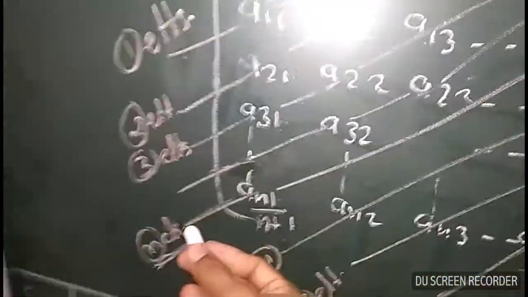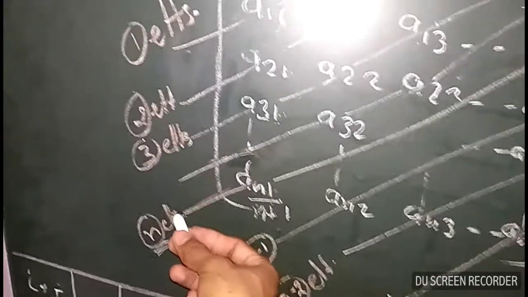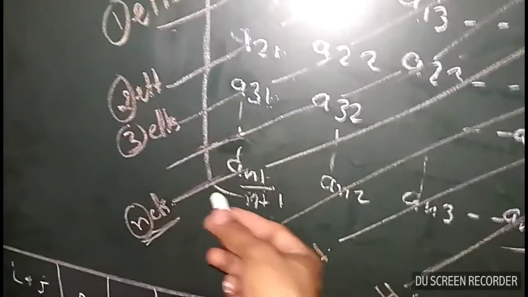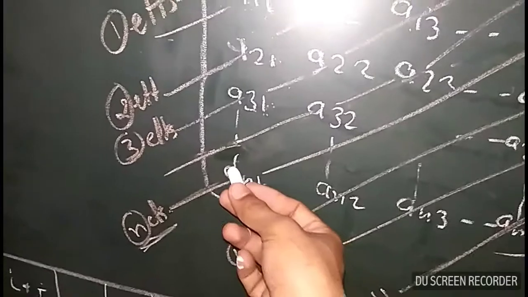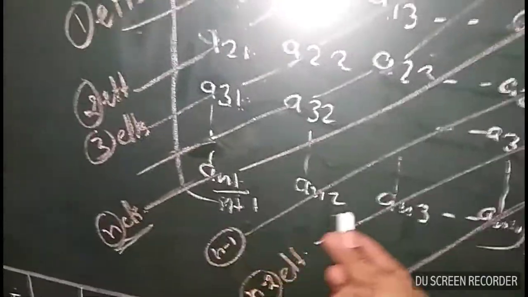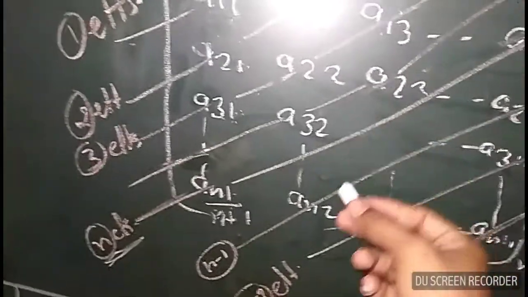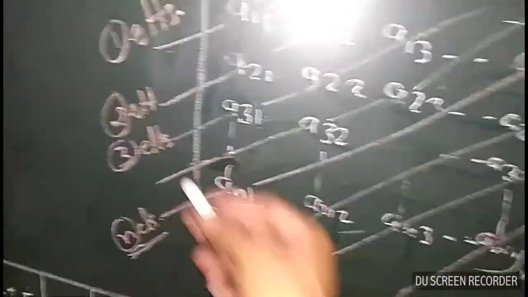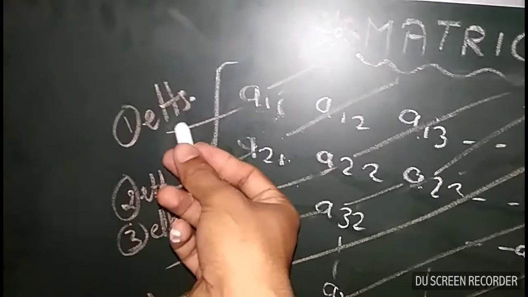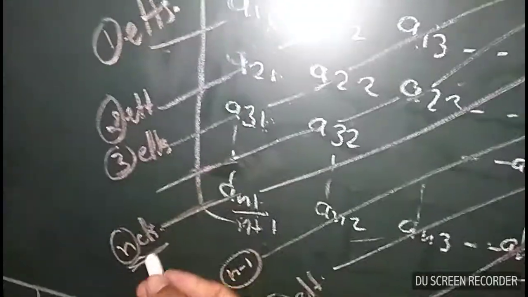Now the number of elements decreases as we move below the principal diagonal. It first increases 1, 2, 3 and so on up to n.